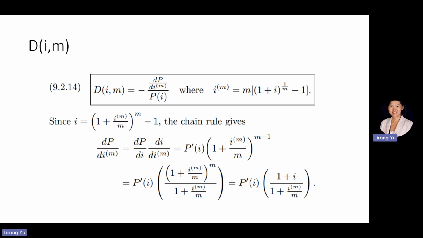All right, with that, according to the chain rule, dP/di^(m) equals dP/di times di/di^(m). And for di/di^(m), using the formula for i, we have this formula. And because of that process, we're able to have a formula for dP/di^(m).